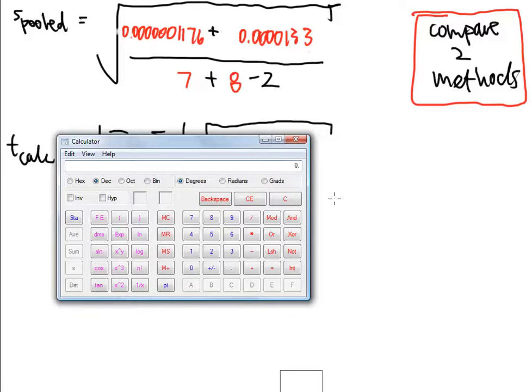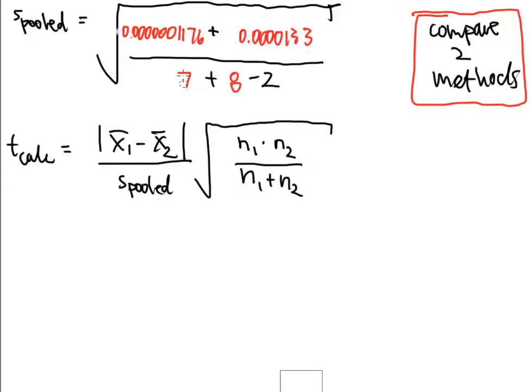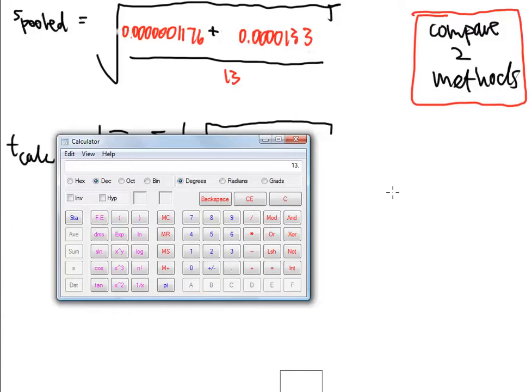Then down at the bottom, 7 plus 8 minus 2. That gives me a total of 13. So again, let's erase that bottom piece. And that changes to a 13 down here at the bottom. We're going to clean up the top a little bit.